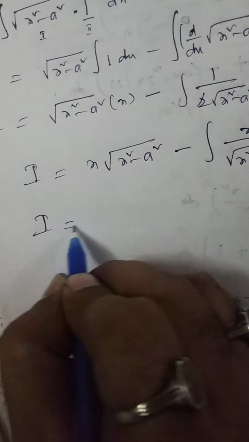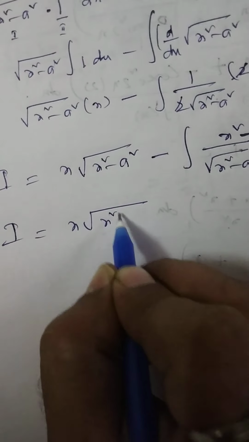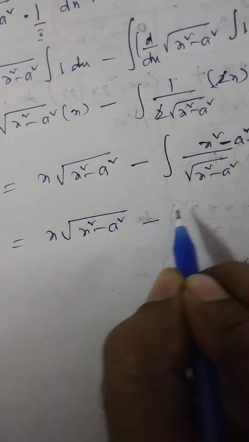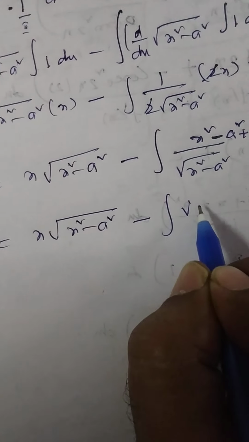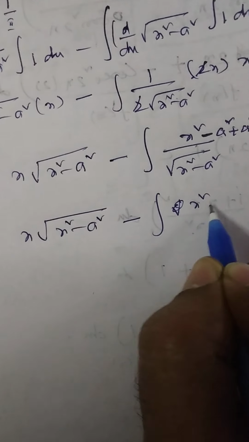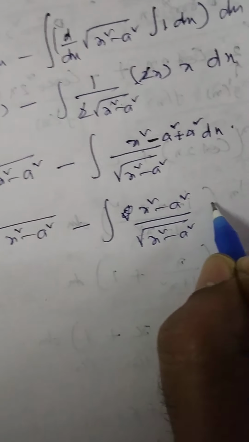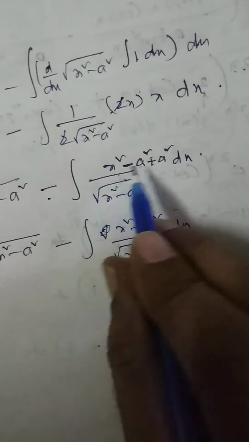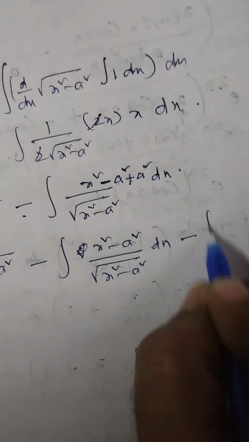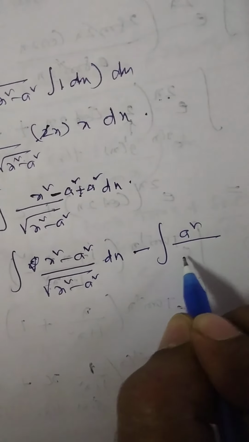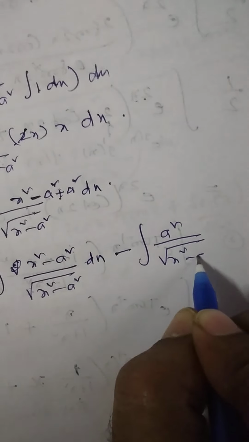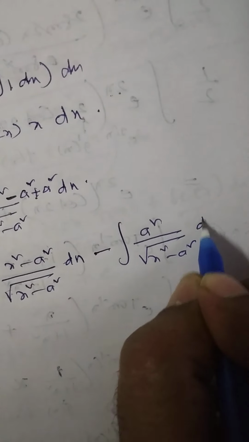So I is equal to x into root of x square minus a square minus integration of x square minus a square by root of x square minus a square dx. So minus of plus, again minus only, integration of a square by root of x square minus a square dx.